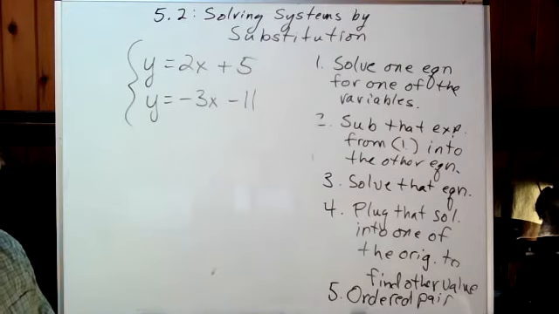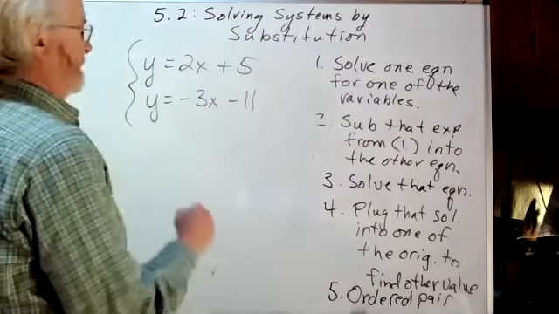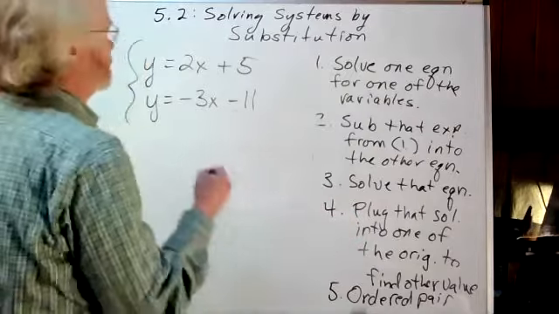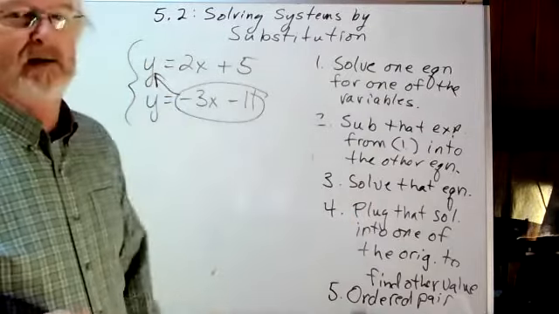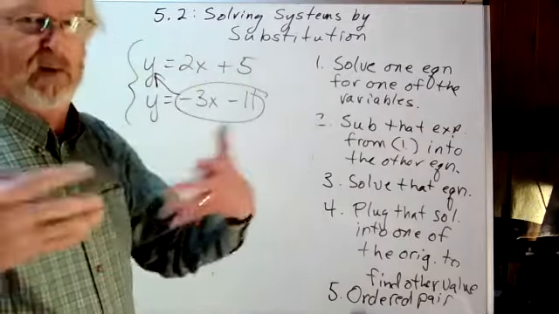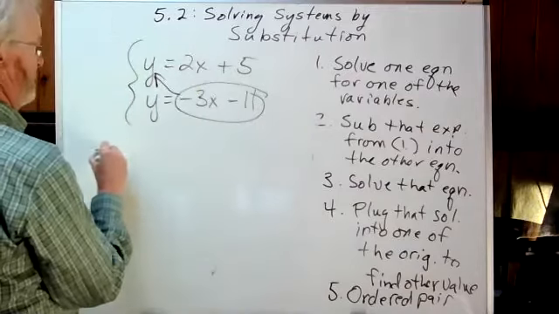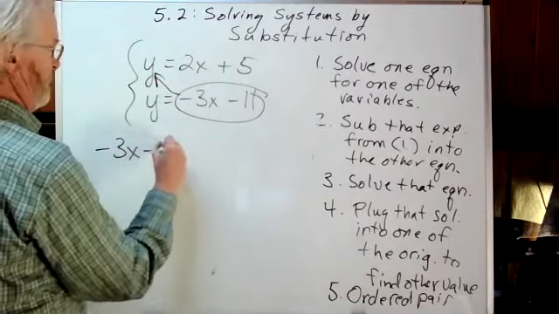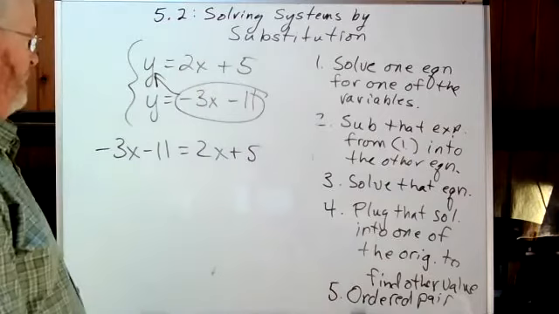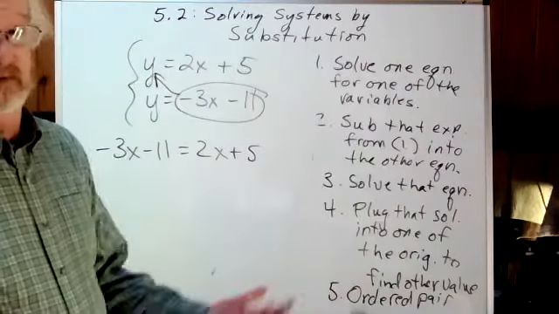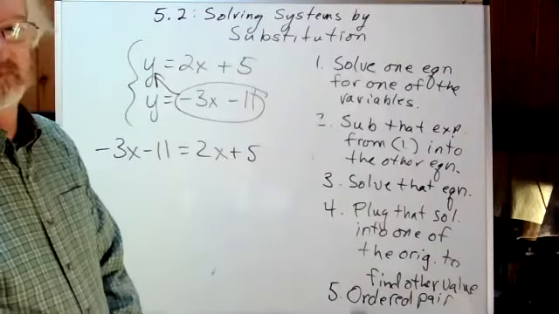Well, those y's still have to be equal to each other. This one is kind of easy. All of this stuff goes over there instead of a y, and you really just set the 2 equations equal to each other. See what I did there? So that's a nice substitution situation.